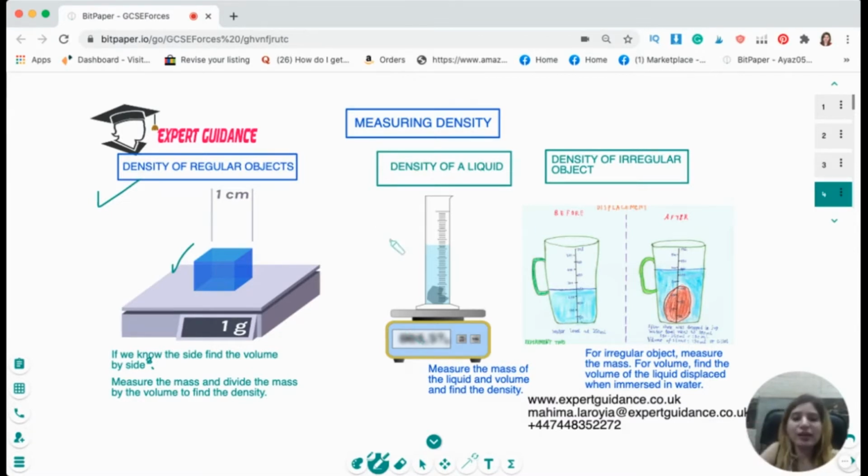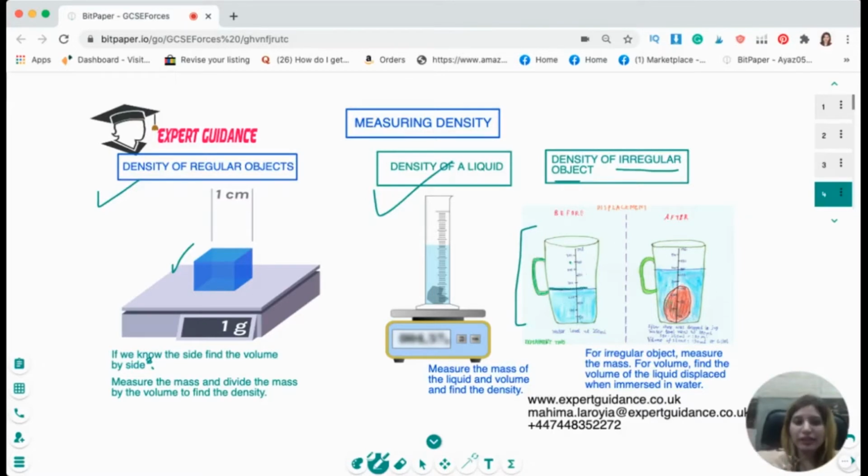Now, the challenge comes when you have an irregular object. An irregular object like this does not have any fixed volume. You cannot measure the volume easily. So what you can do in this case is measure the mass by putting it on a weighing scale. For the volume, you can see that we have taken a beaker and we have some water in the beaker.